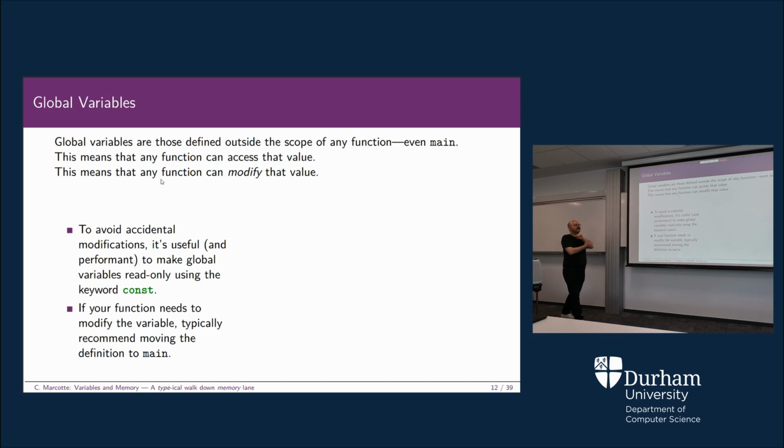To avoid accidental modifications, it's useful and performant, so it's a good idea, just generally, to make your global variables read-only using the keyword const. That means constant. It means that the value and the type cannot be modified. If your function does need to modify the variable, typically you should move the definition of that variable to your main function so that it's within the main scope and it can be modified by functions called from main.